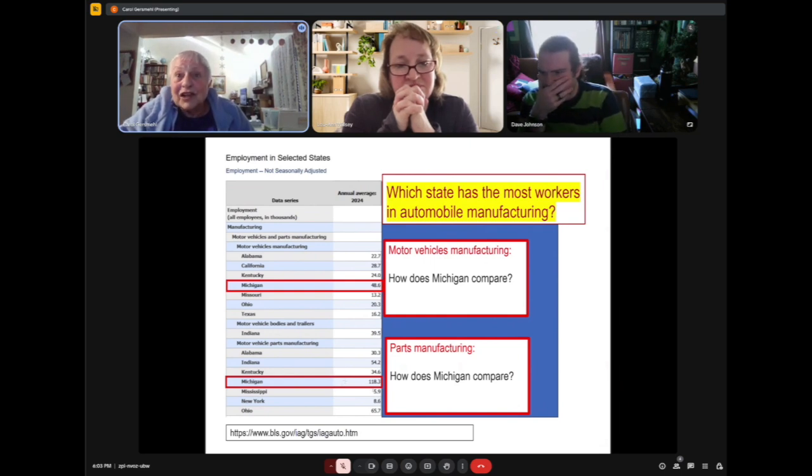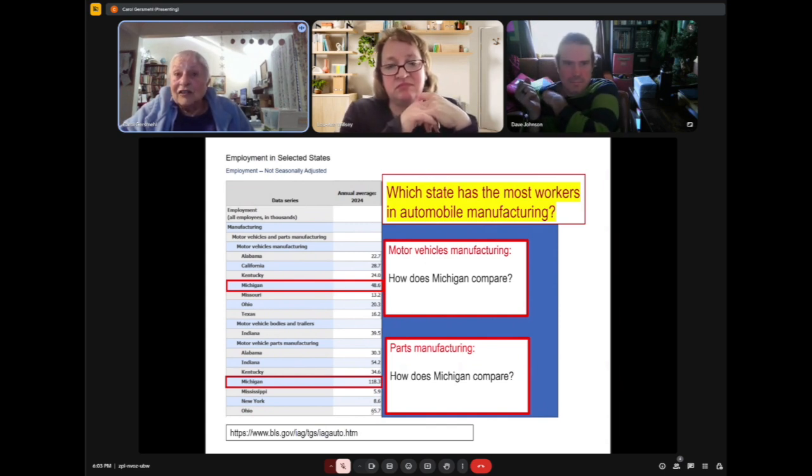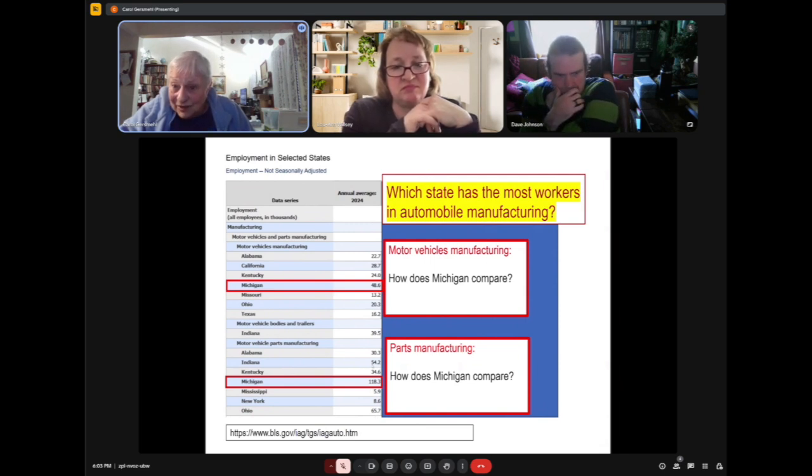Look at the number of 118,000 people, workers, making parts in Michigan. The next highest state is next door. That's Ohio. And the next state after that is Indiana. That's really amazing, I think, how important this is for workers.